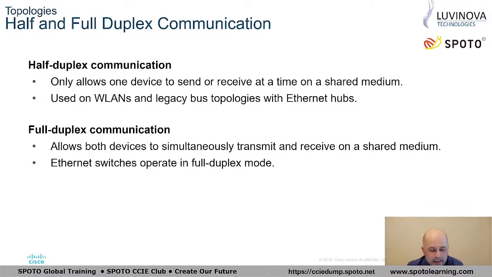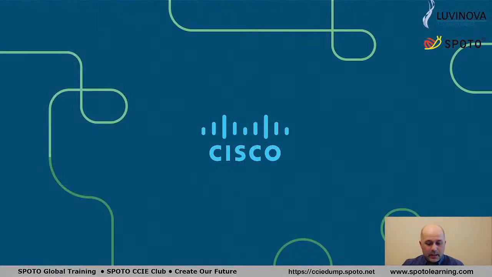Full duplex allows both devices to simultaneously transmit and receive on a shared medium. Ethernet switches operate in full duplex mode. They are sending and receiving the data. That means full duplex. That is it for this section.